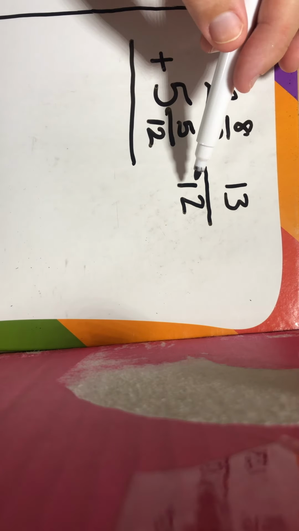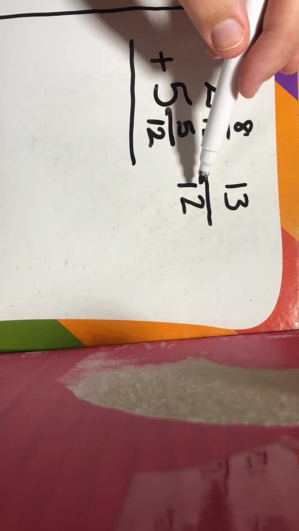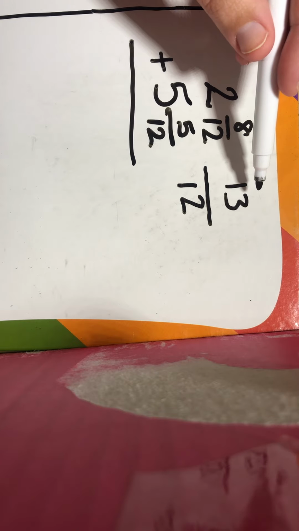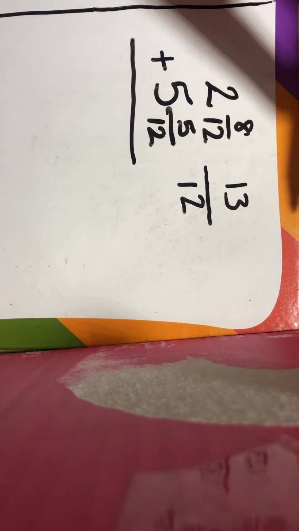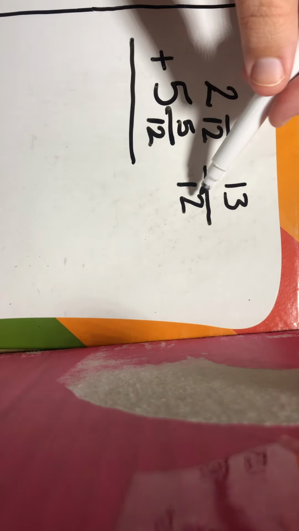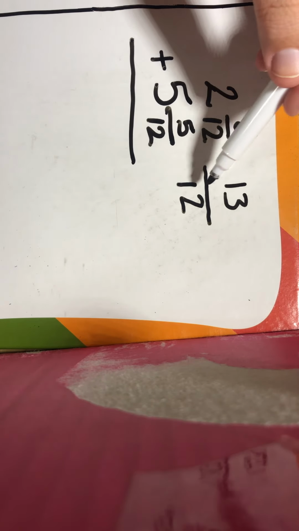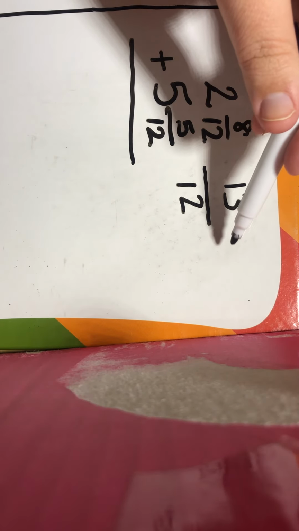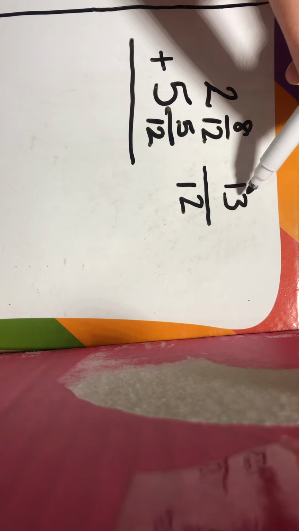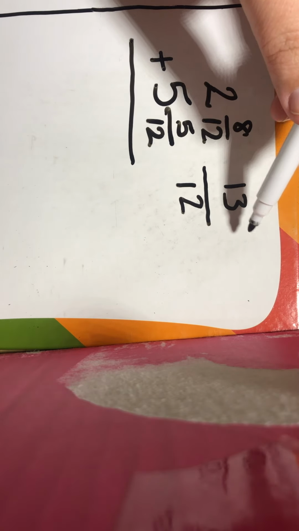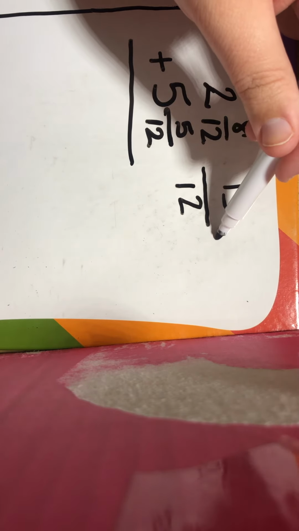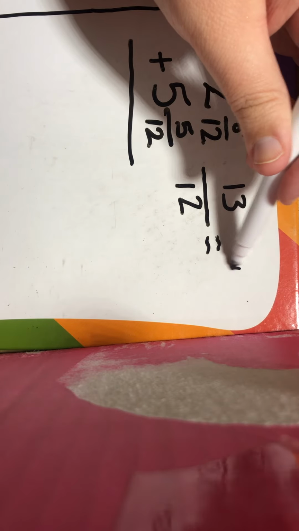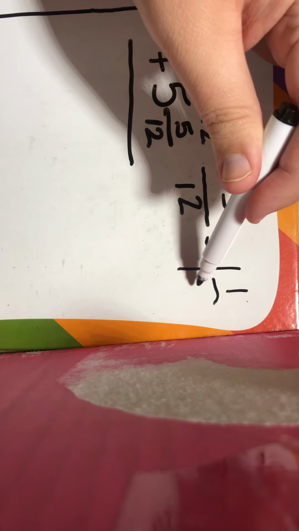Now 13/12 is an improper fraction, and we need to convert that to a mixed number before we can proceed. And so if you look at how many 12s make a whole, it's 12/12. So you'll have 12/12 and 13 minus 12 is 1, so you'll have 1 additional twelfth left over. So this will be the sum of 1 and 1/12.